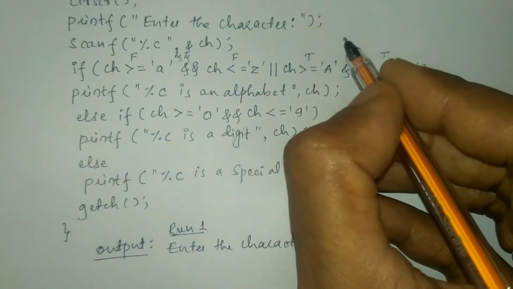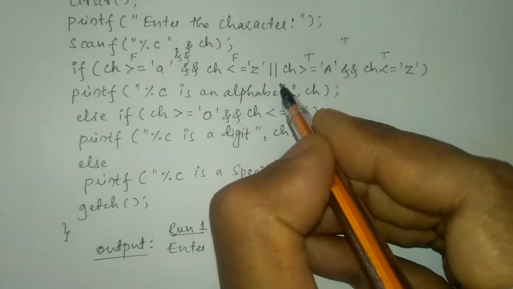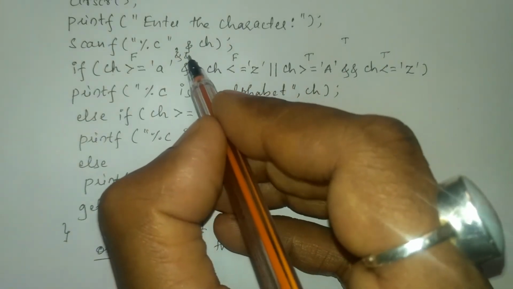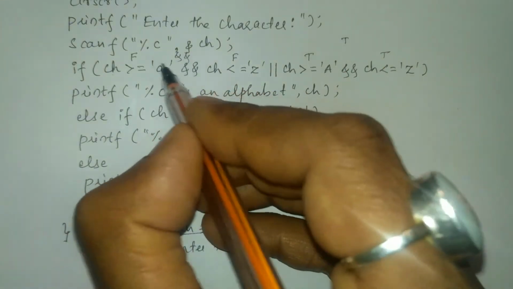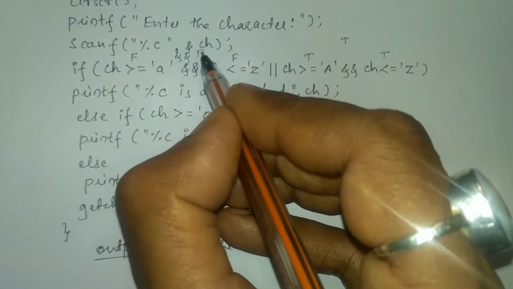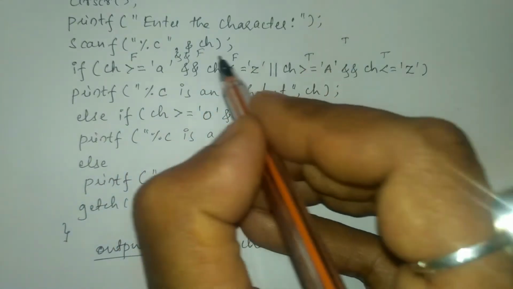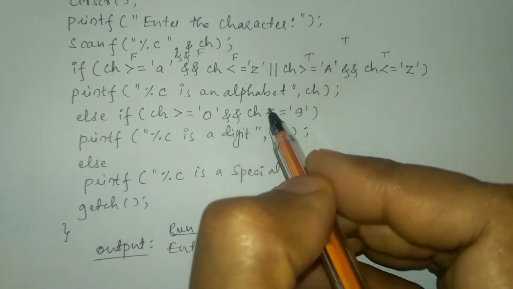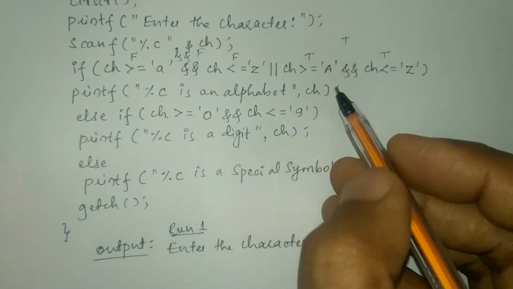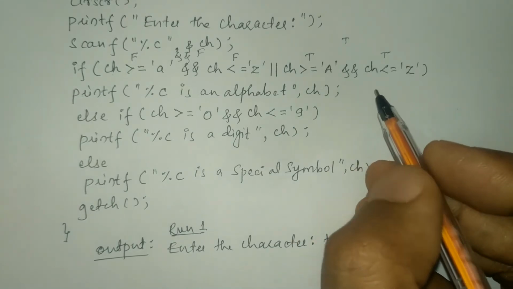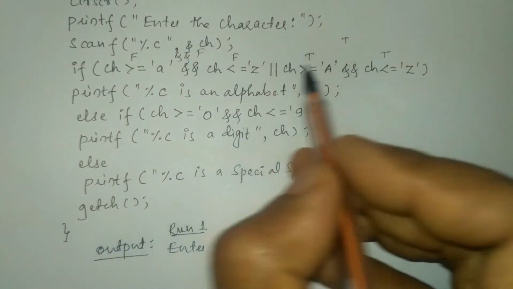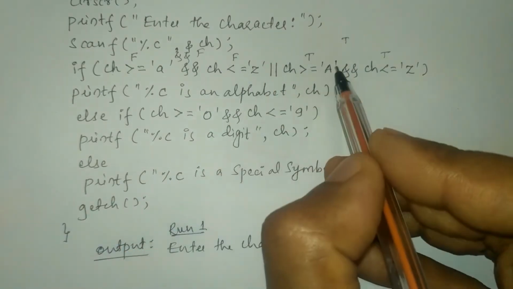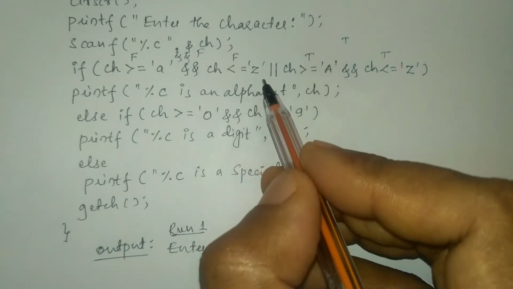True and true results in true, correct? Now we have to compare this false and this true, that is false or true. False or true is what? It is always true, correct? Because in or, false is false only when both are false, otherwise it is true, correct?